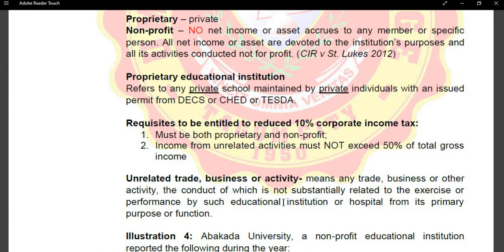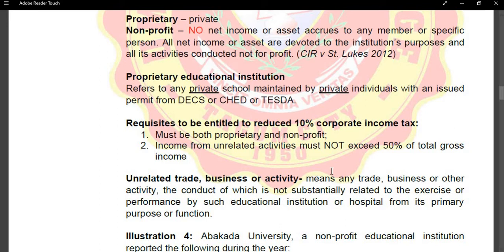However, if the educational institution has a building, has vacant building spaces, and it rents them out to others, okay, and earns income there, then that income is considered to be unrelated activities, which will be used to compute whether unrelated activities exceed 50% of the total gross income.